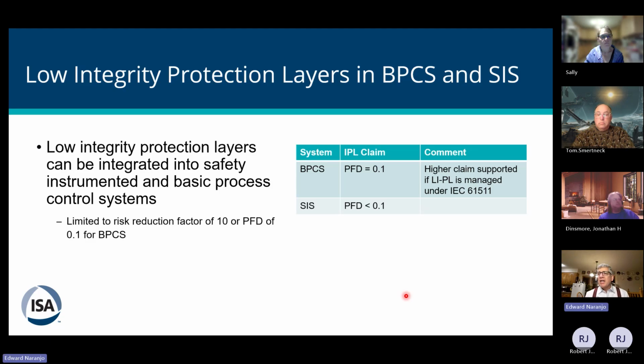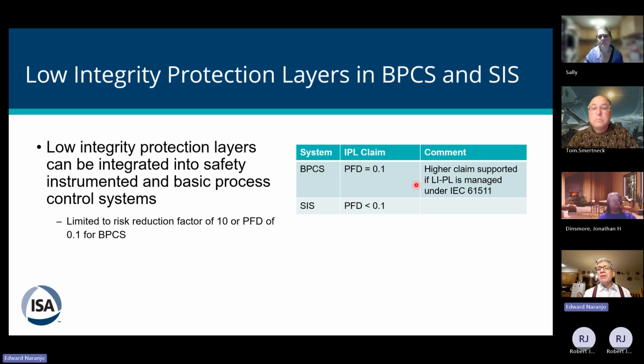So as it happens, because it's not an SIS, you can control your LIPLs through your basic process control system. Okay, so they can be integrated into a BPCS, but here is the kicker. According to the standard, if you use it with a BPCS, at most, you can assure yourself an order of magnitude reduction in terms of your risk.